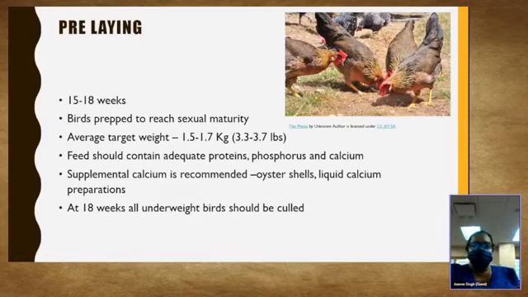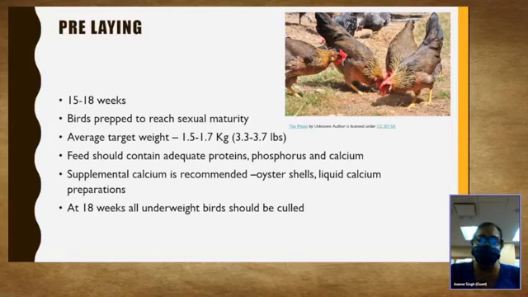Right, so pre-laying is after you reach 15 weeks, 15 to 18 weeks is your pre-laying, because they are entering into a pre-lay period where very soon they're going to start laying. Right, so at this critical period, you're preparing them to reach that stage and to start laying eggs for you. So your target weight here will be maybe 3.3 to 3.7 pounds, around there.